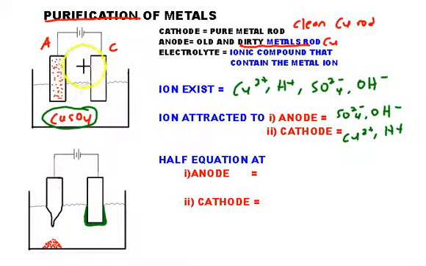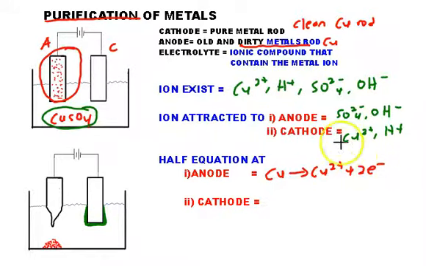Now, since both of these electrodes are not carbon, what happens over here is the rod at the anode will dissolve, form copper ions and release electrons. As time goes on, the rod will become thinner and thinner, and all the dirt will fall here.